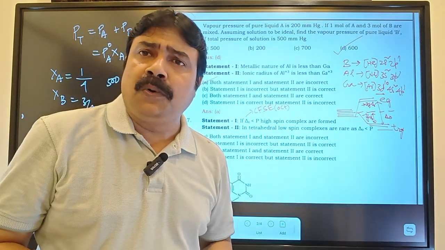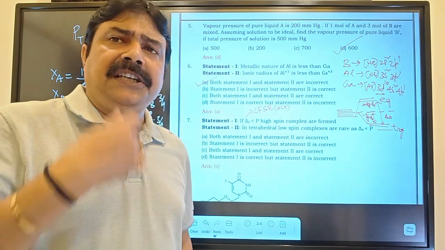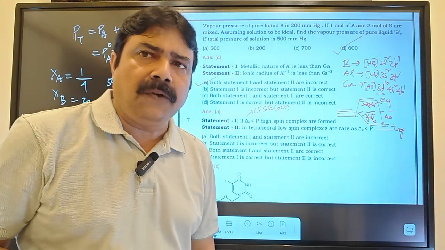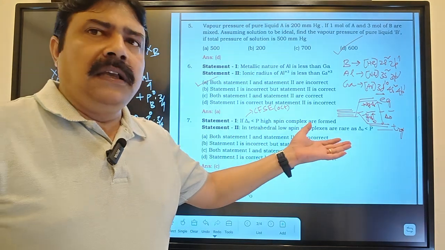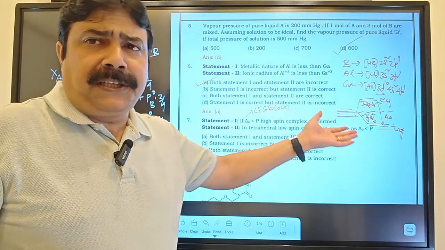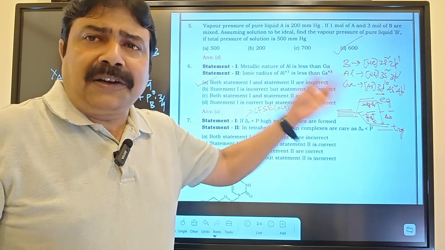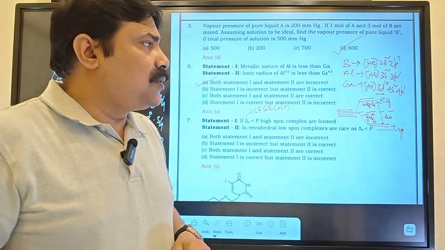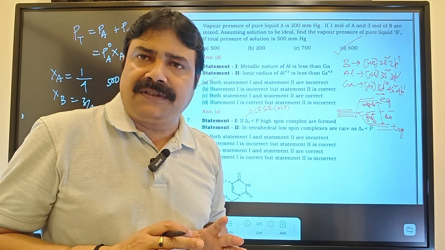If CFSE is more, it will overcome the pairing energy, the destabilization energy due to pairing of electrons. So in that case pairing will take place if the CFSE is more.